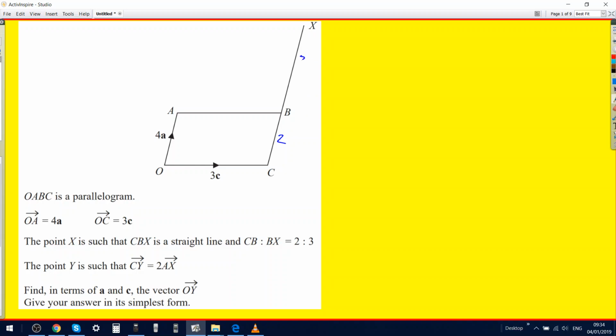So you can do that. So I think what I'd probably do is break down O to Y. So O to Y, how would you get from O to Y?